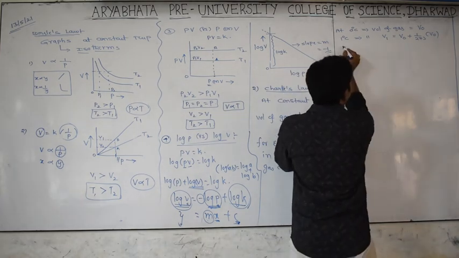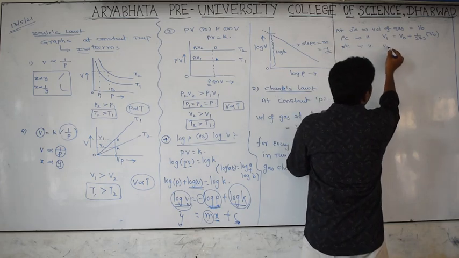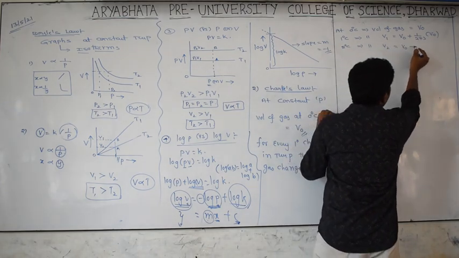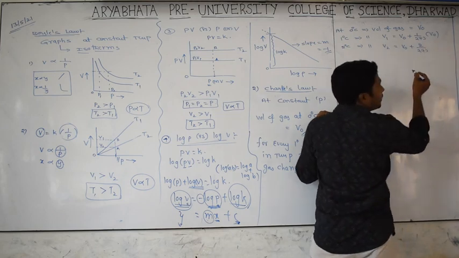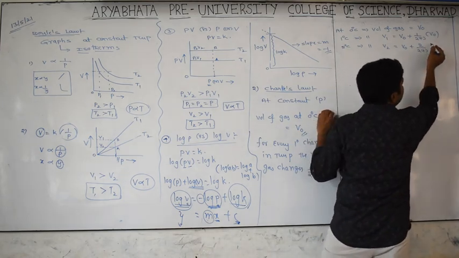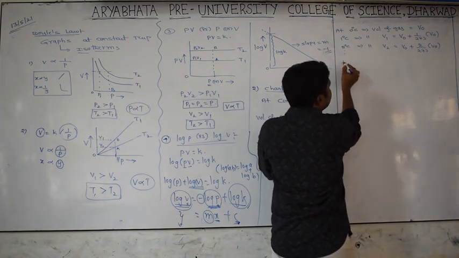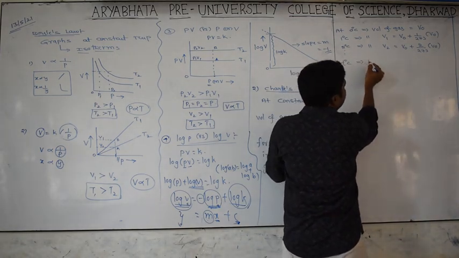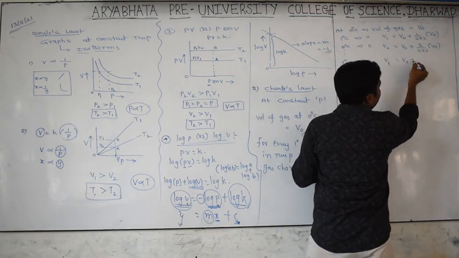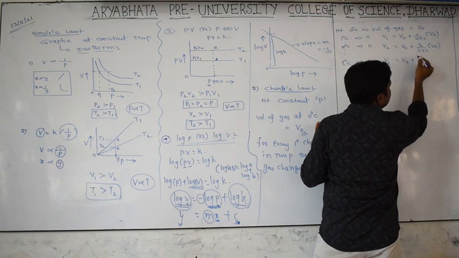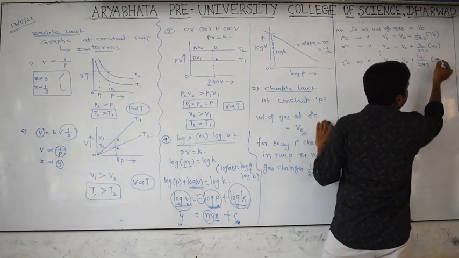Now at 2 degrees Celsius, the volume of the gas V2 is equal to the initial volume plus 2/273 of V0. For 1 degree, 1/273; for 2 degrees, 2/273 of V0. Like that, at t degrees Celsius, the volume of gas Vt is equal to V0 plus t/273 of V0.